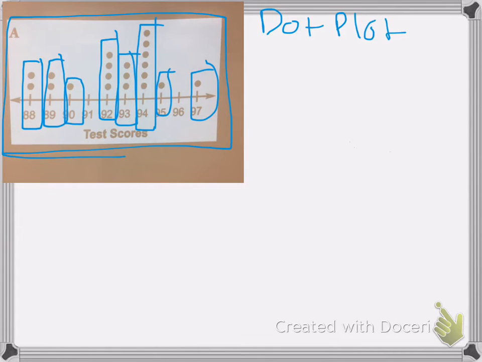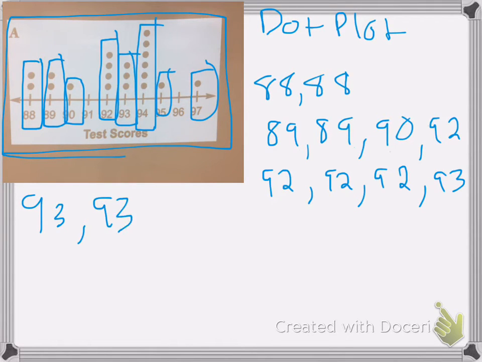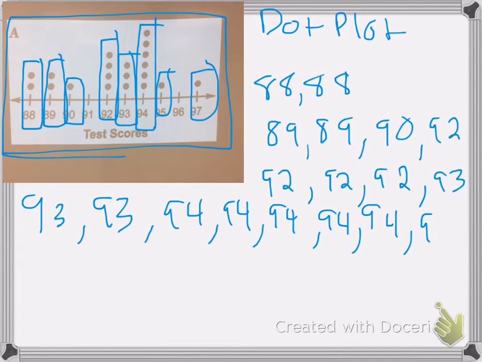If I was to write out the data for this dot plot, I'd have 88, 88, an 89, another 89, a 90. We've got four 92s, three 93s, and then six 94s.